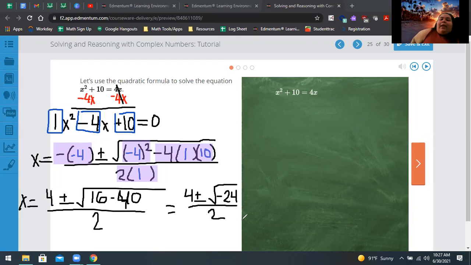So I like that we have the square root of -24 there, because like I said, when we have radicals, unfortunately 24 is not a perfect square. So what do we do in this case? We need to simplify the radical as much as we can. So what other perfect square root do I know that can break down the 24?